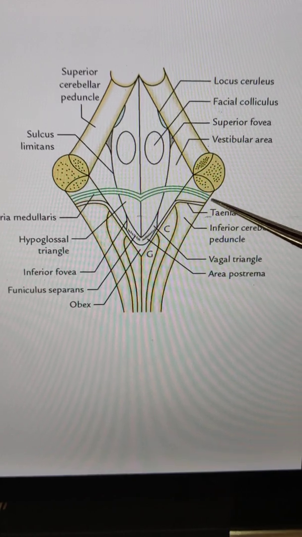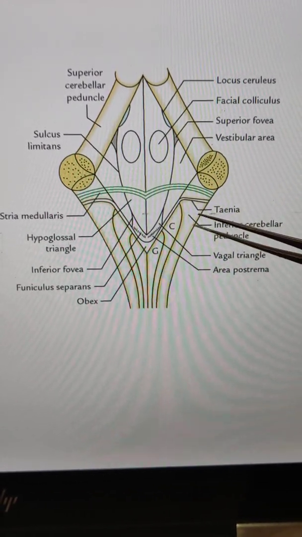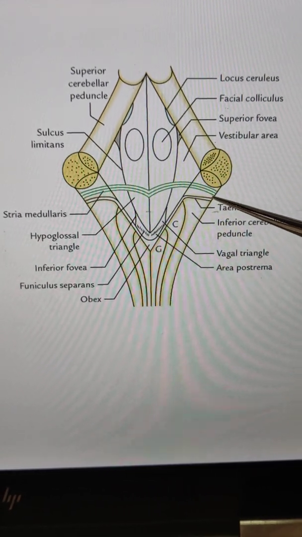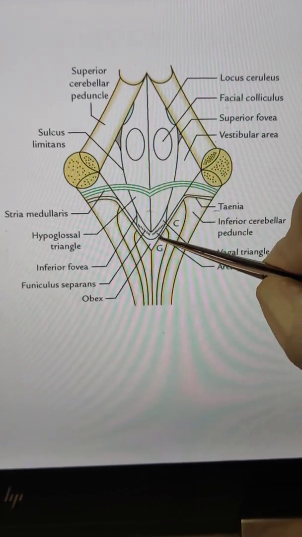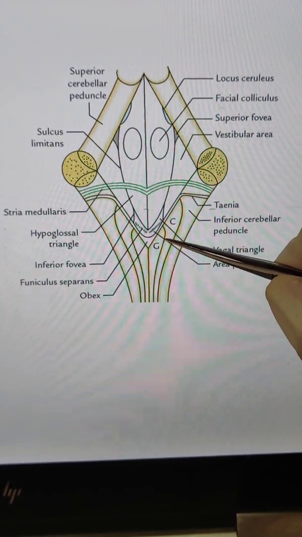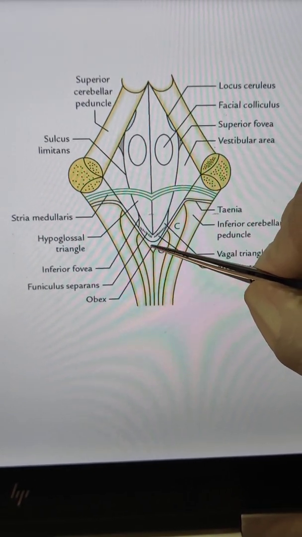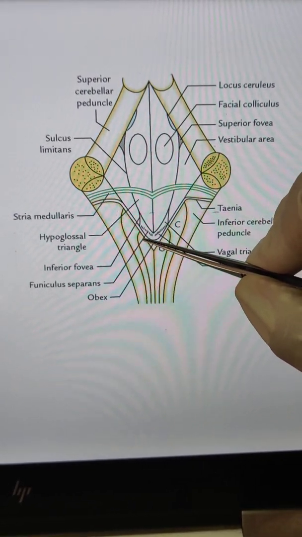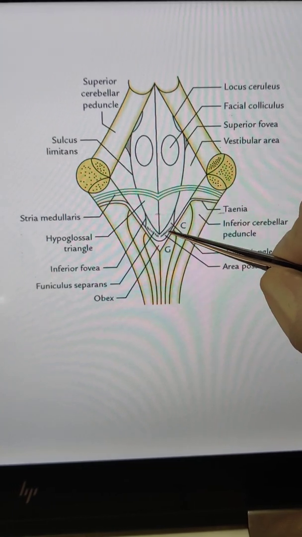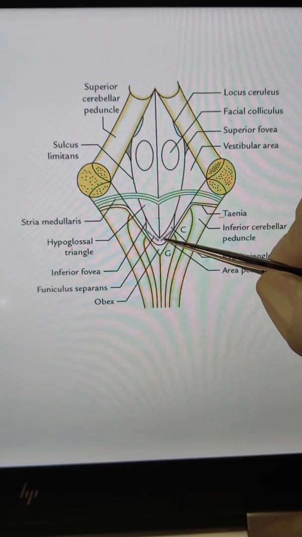The inferolateral margin of the fourth ventricle is marked by a narrow white ridge. It is called the taenia. Here you can see this is the taenia. The right and left taenia meet at the floor of the fourth ventricle, making the obex. It is just above the gracile tubercle and below the funiculus separans, or below the area postrema.